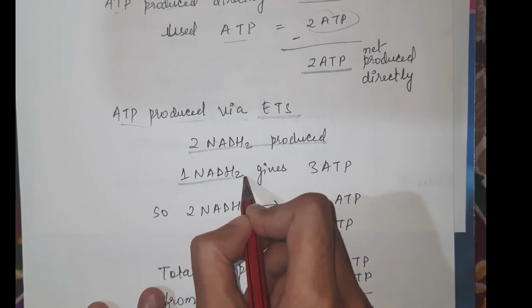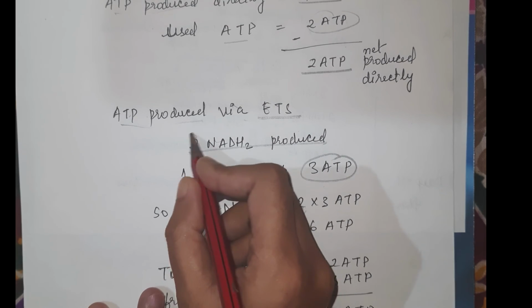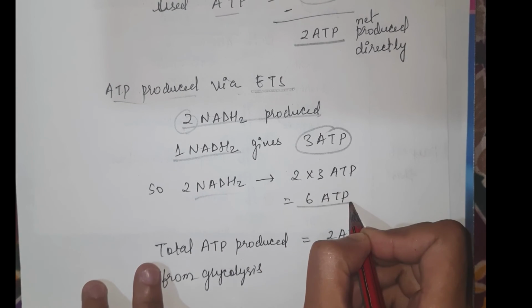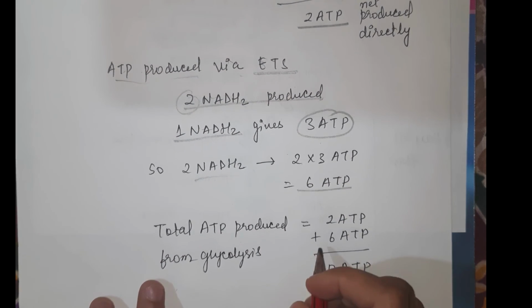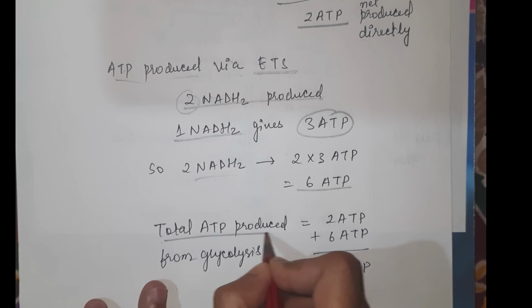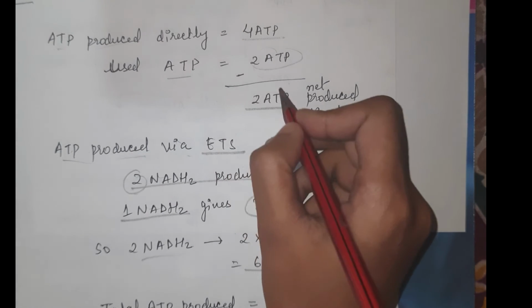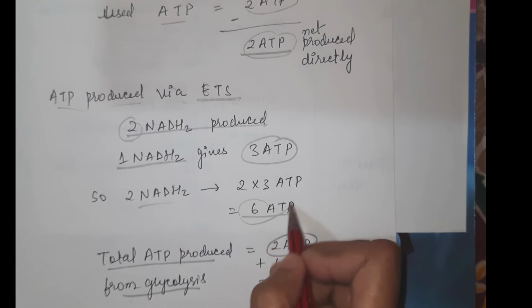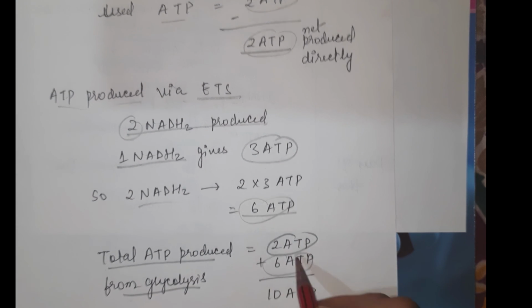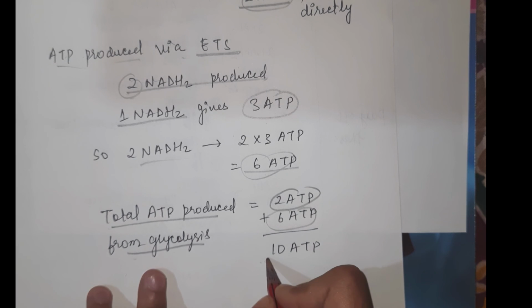Since we know 1 NADH gives 3 ATP, 2 NADH will give 6 ATP. So the total ATP produced in glycolysis is 2 ATP from here and 6 ATP from here, so the net total is 8 ATP.